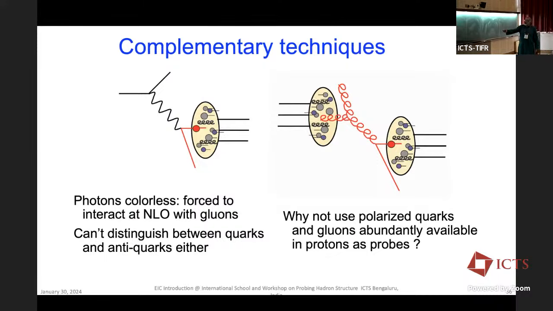So here is what we did so far. We had electron scattering off of a photon, and then it interacts with the inside of the proton. Now, if you wanted to make measurements of the glue, we already knew by this time from HERA that at high energy, protons are full of gluons.